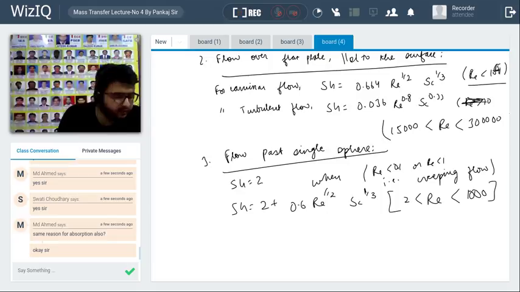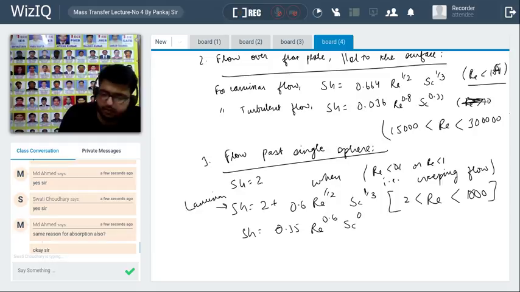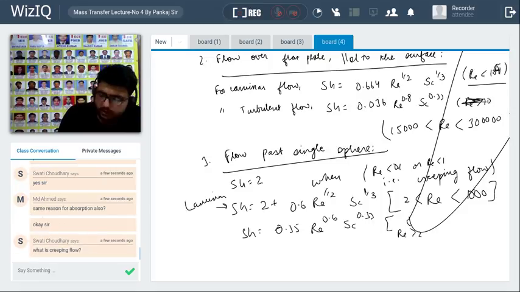Similarly for turbulent flow, Sherwood number is equal to 0.35 Reynolds number raised to the power 0.6, Schmidt number raised to the power 0.33, when Reynolds number is greater than 2000.